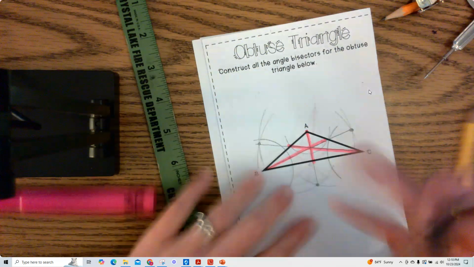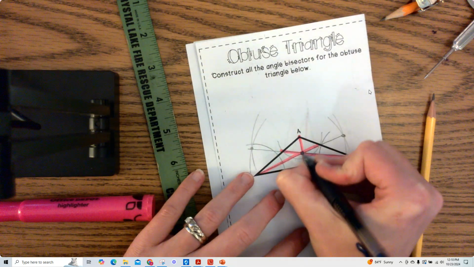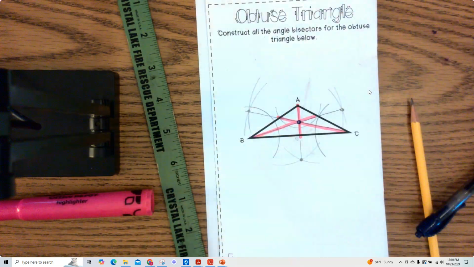And the incenter, once again, is inside the triangle.